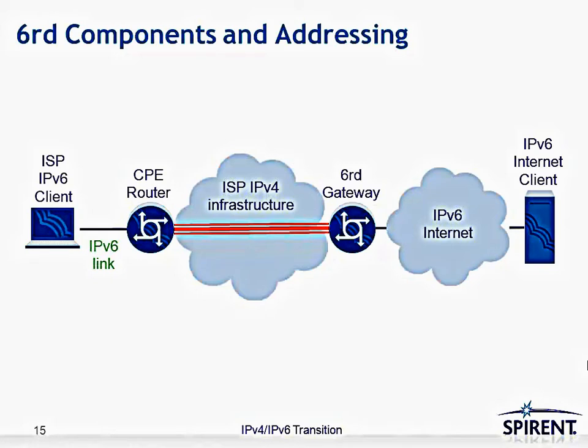So the link on the customer side is actually an IPv6 link, so the customer's client can actually be a native IPv6 client. Across the service provider's infrastructure, the CPE router will create an IPv6 over IPv4 tunnel. There's an IPv4 anycast address that's ISP assigned that the CPE router knows would be the 6RD tunnel gateway.